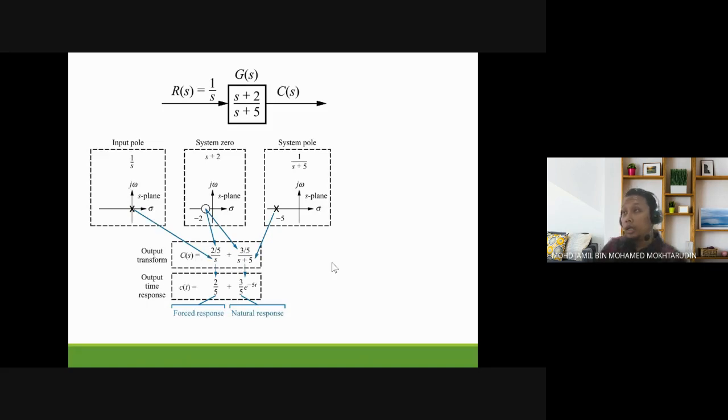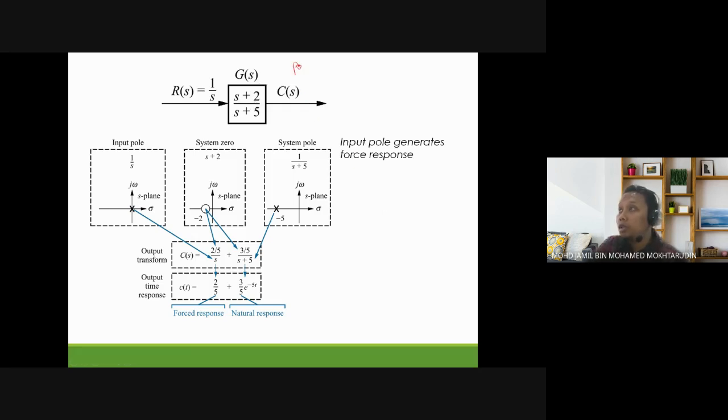Okay, so let's analyze the transfer function again, and how we can use the concept of zeros and poles that we have learned in determining the time response of this system. Here, for the transfer function G(s), we have poles and zeros.